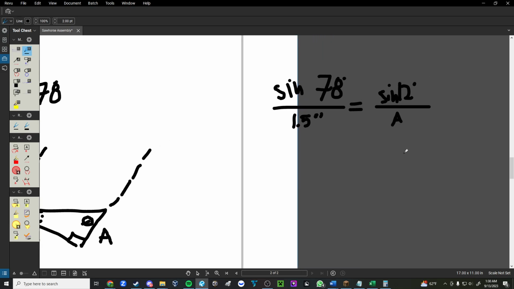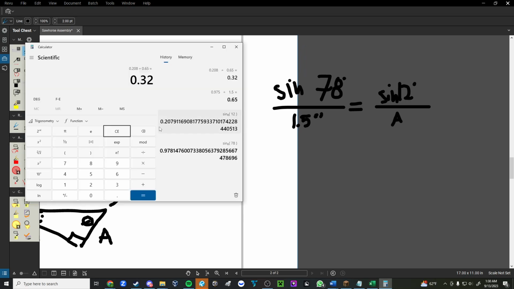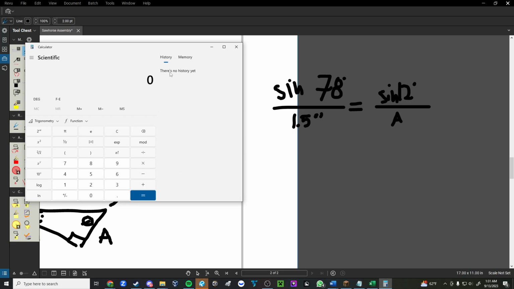At this point, all we need to do is pull out a calculator and do some basic algebra. Let's clear everything out here. Okay, so we're going to find the sine of 78 degrees first. That is 0.978.